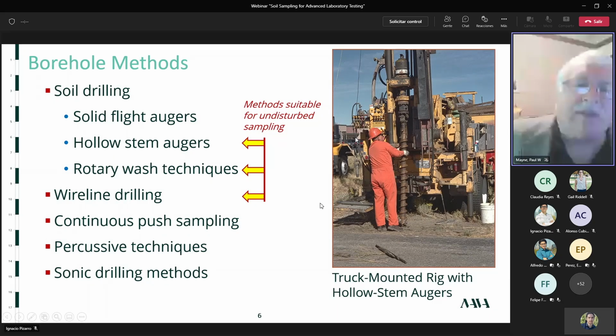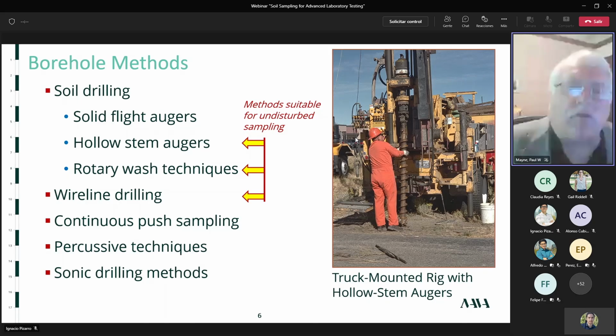We have rotary wash techniques. That's a good method, but it requires adding water or drilling fluid. We have wireline drilling methods. We also have continuous push samples. I just mentioned the percussive methods here in the slide before this one. And then we have sonic drilling methods.